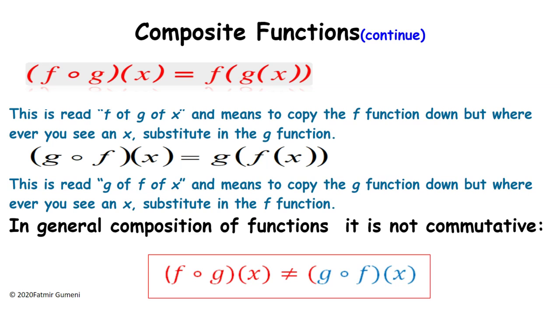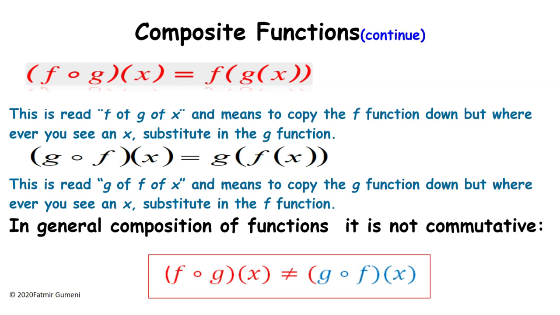G compose f of x equals g of f of x. This is read g of f of x and means to copy the g function down, but wherever you see an x, substitute in the f function.